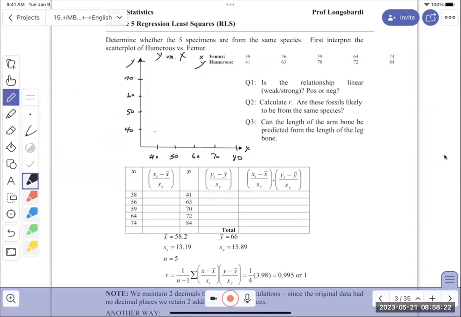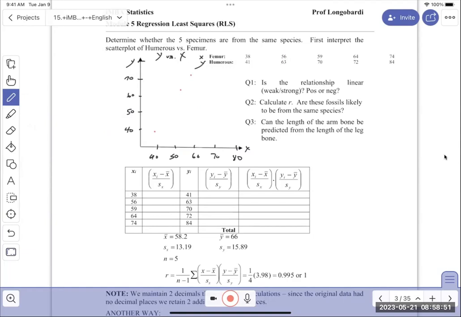Just do this as quick as possible, but as informative as possible. So X is 56, that's about here, and Y is 63, so that'll put me here, right? And then the next pair, 59, which is about here, and 70 is about there.